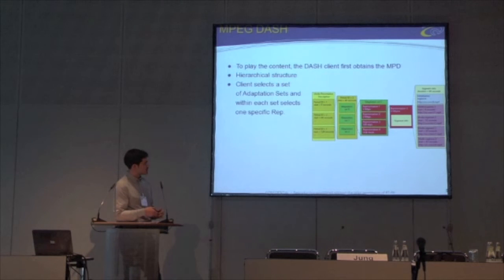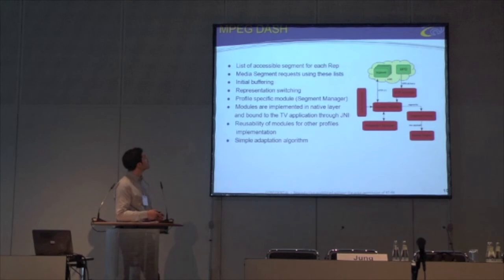Each of these adaptation sets consists of different representations, which represent different bitrate streams of the same content. The client first selects adaptation sets, within each of these adaptation sets it selects one representation and starts downloading. The download is based on the segment list, which is created according to the MPD document.